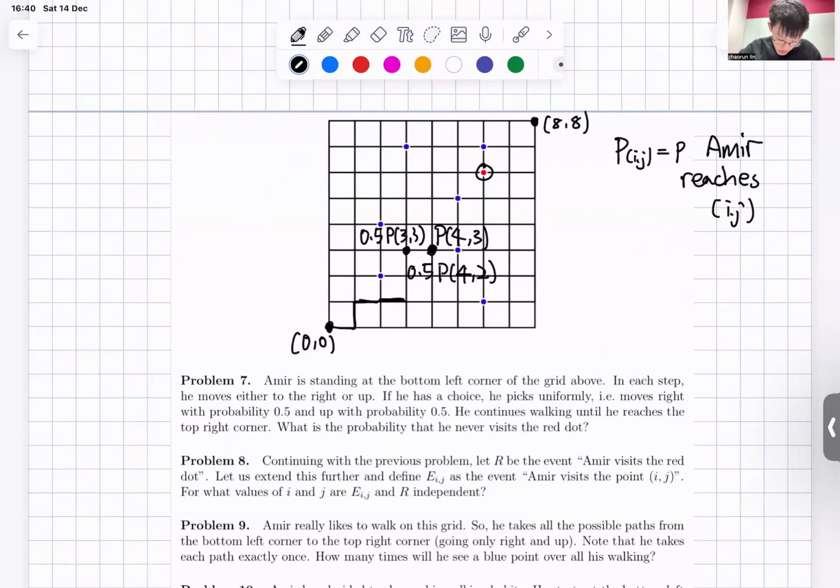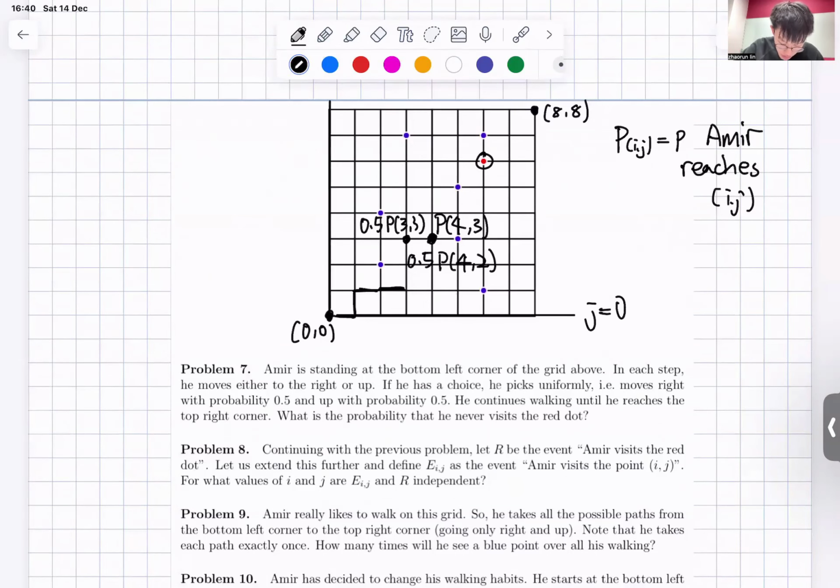And a thing to notice is that when j equals 0, or when i equals 0, for example this one, 0, 6, the probability is just 0.5 of the point that is below it.